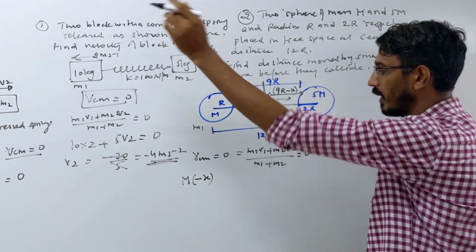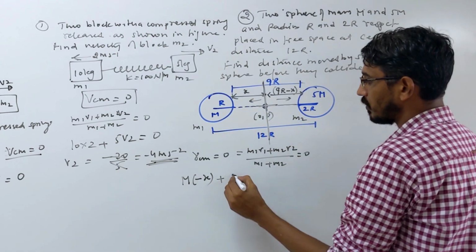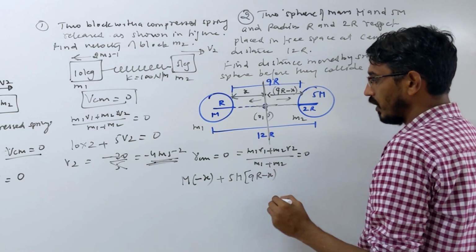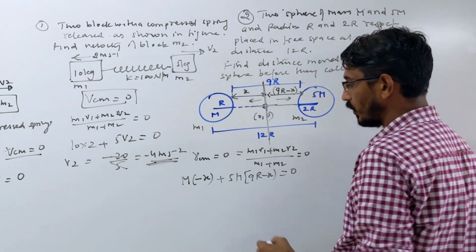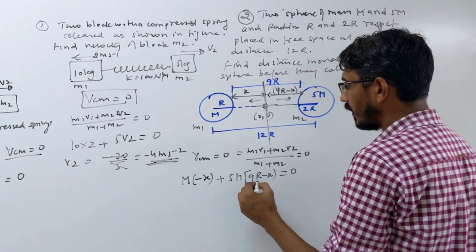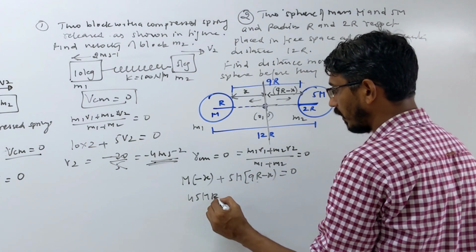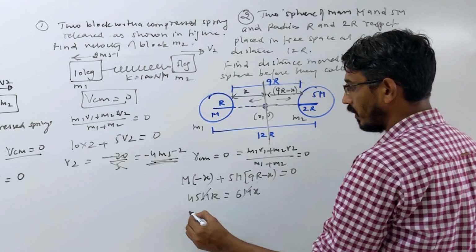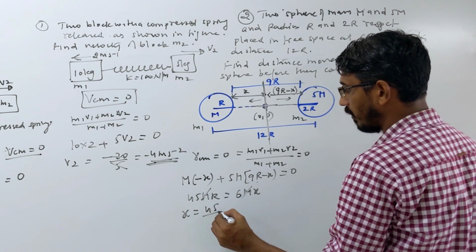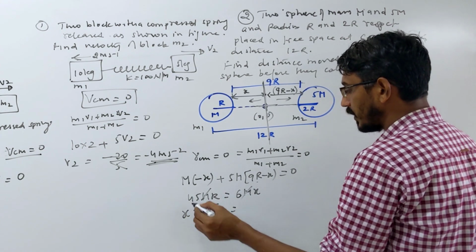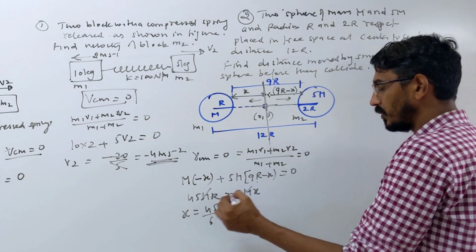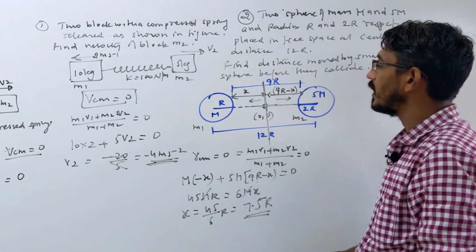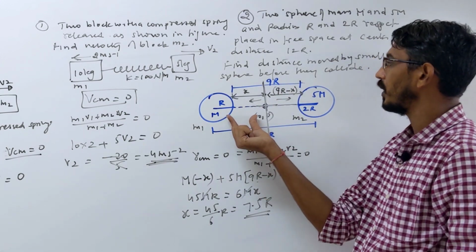Plus m2, the mass of this block, 5m, and its distance is 9r minus x, all equal to 0. So this becomes 45 mr equals 6 mx, m cancels, so x is 45 by 6 of r, which is 7.5r. That's the distance moved by the smaller body before colliding.